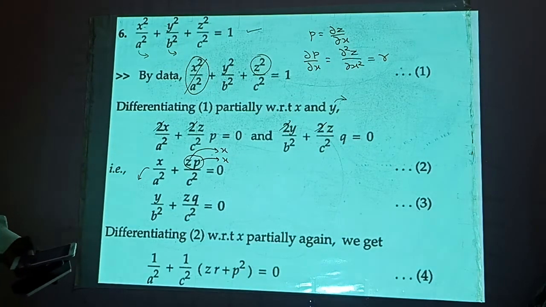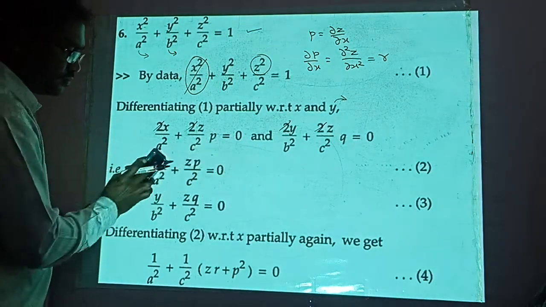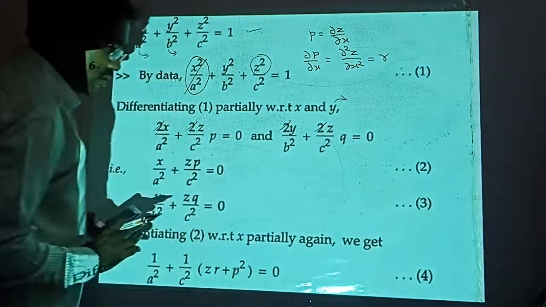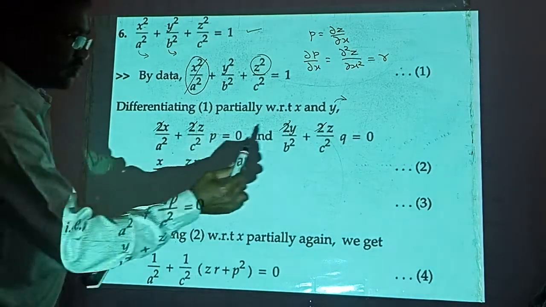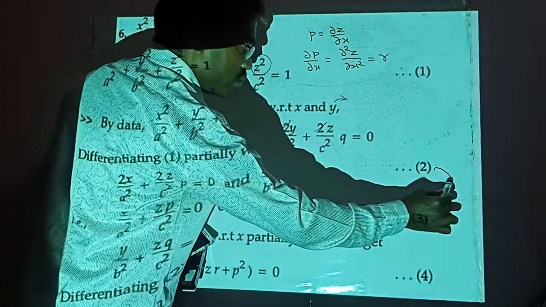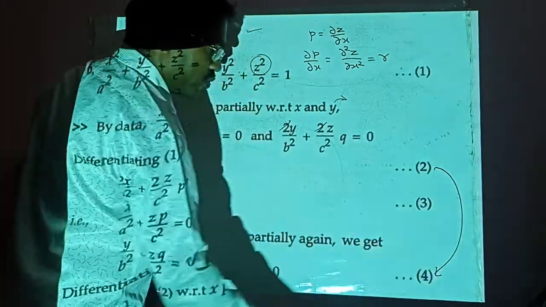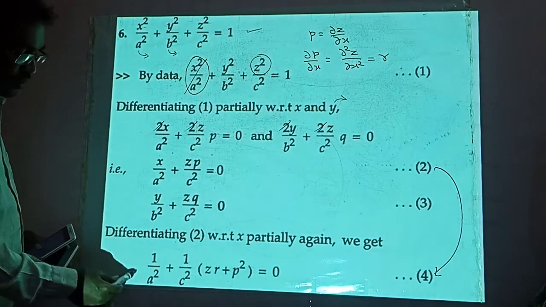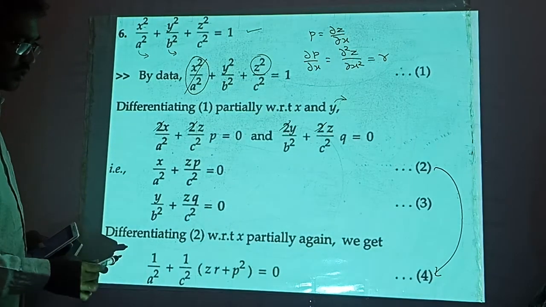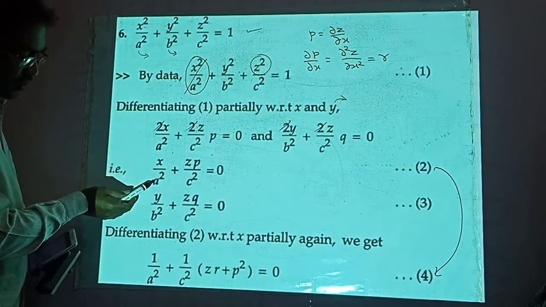Now you can observe here. With the help of equation 2, if you use it in 4, you can eliminate your a square. See here, we have 1 by a square here.